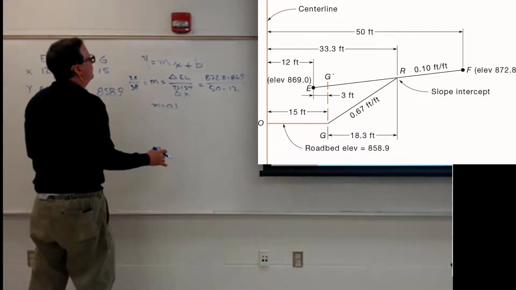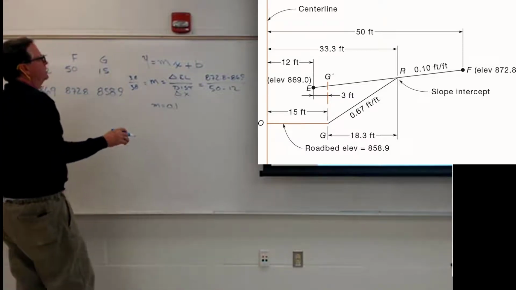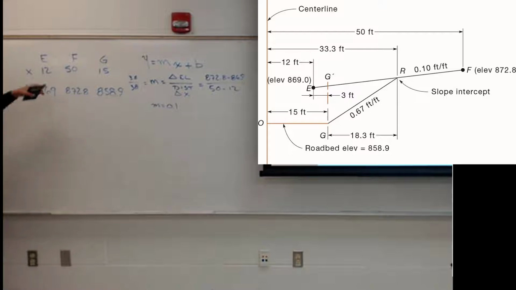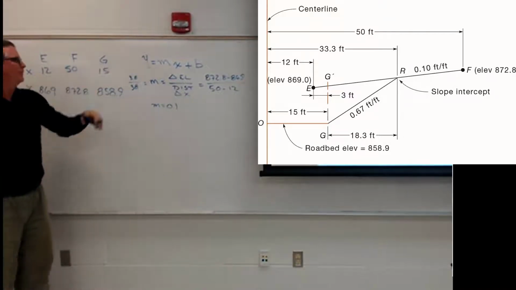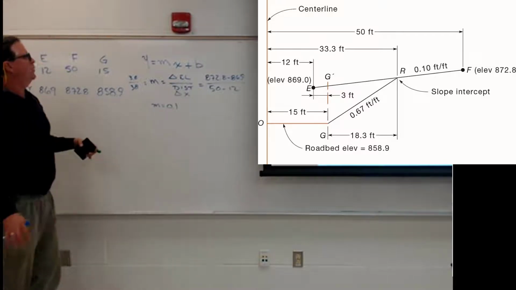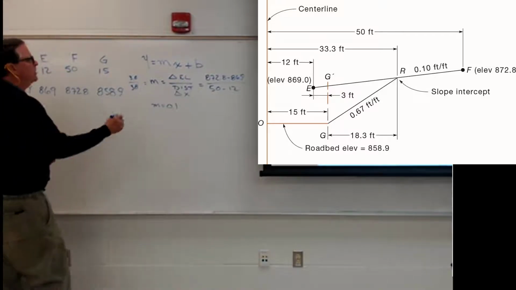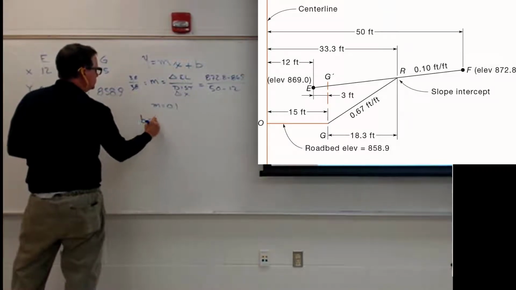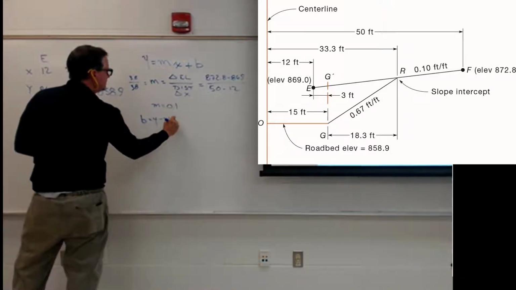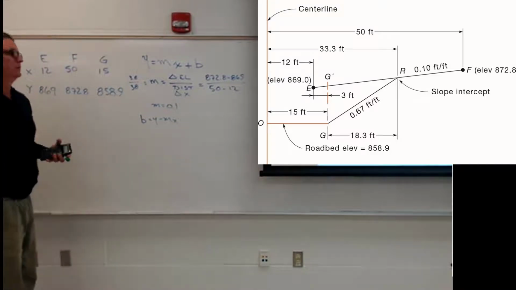Well, if I know M is 0.1, I've got two coordinates that are on this line, right? So the only thing I don't know is what B is, but I can solve for B by saying B is equal to Y minus MX.